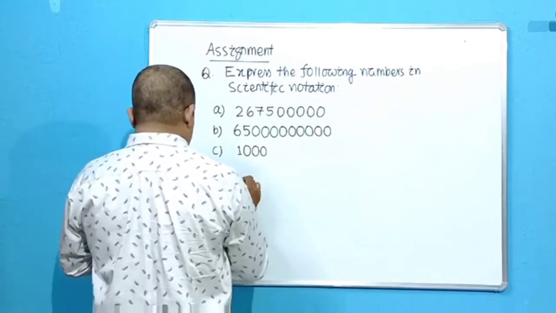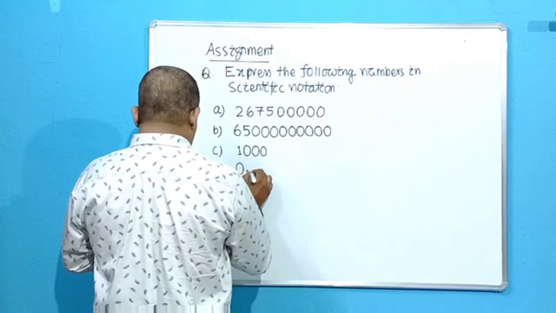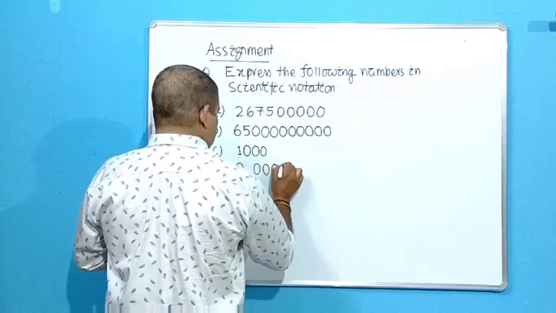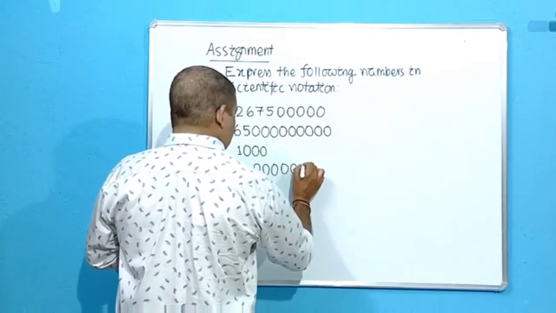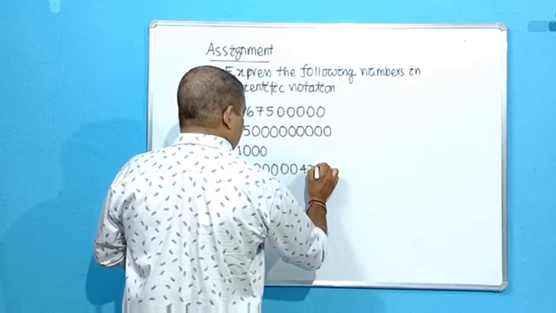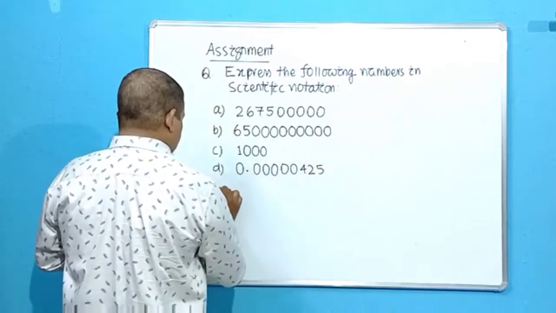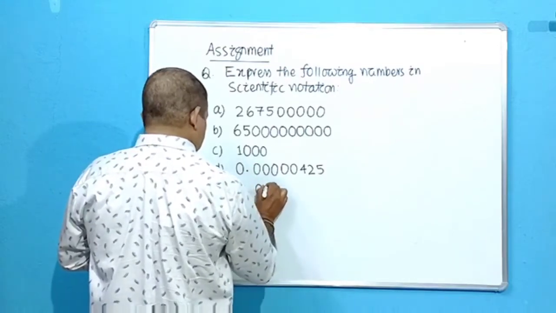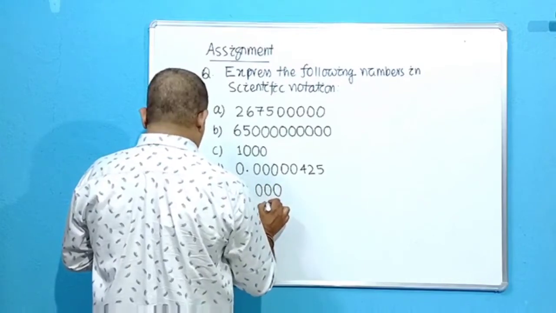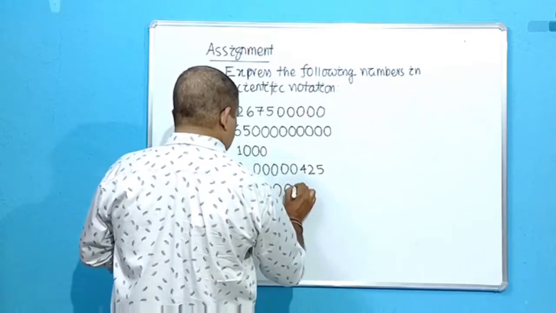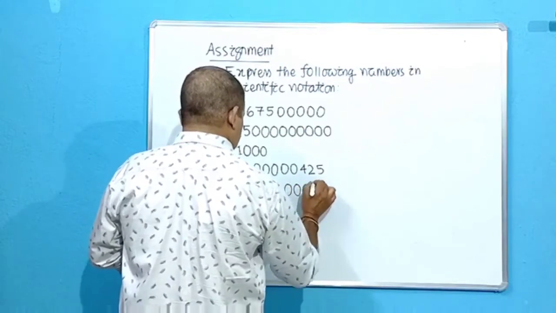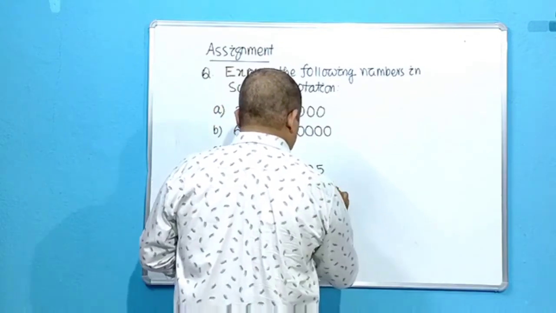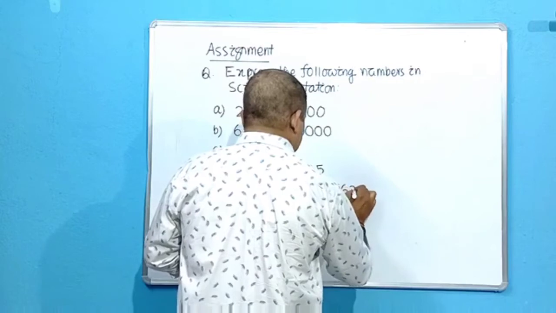D, 0.00004 2 5. E, 0.000, then again 4 0 0 0 0 0, 3 7 8 7 6 3 8 7 6 3.